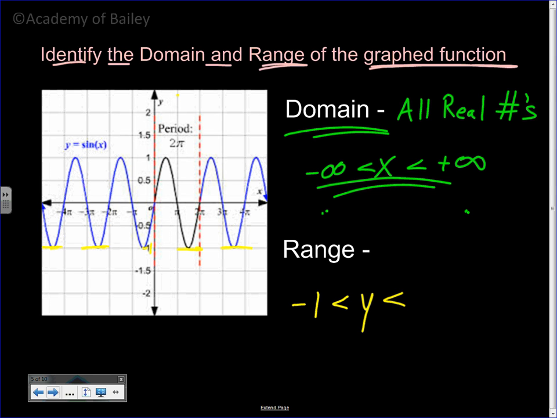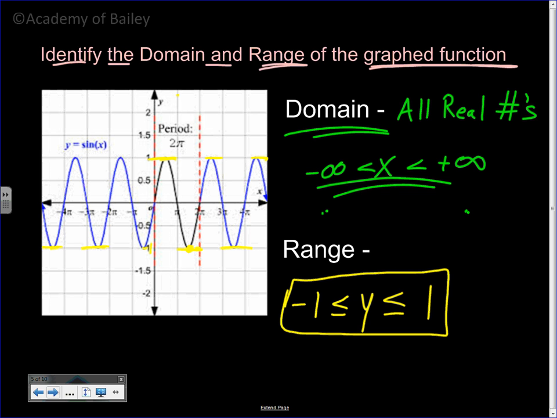Then what would be the largest y value? Well, we can see here on the y-axis, that would be +1. And so then what is the range? The range, and it actually does touch -1, so we have to put an equal to sign right there. You may see the range written something like this, compound inequality that we have.